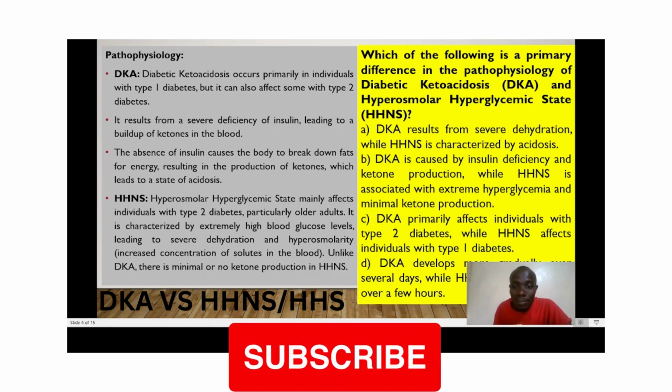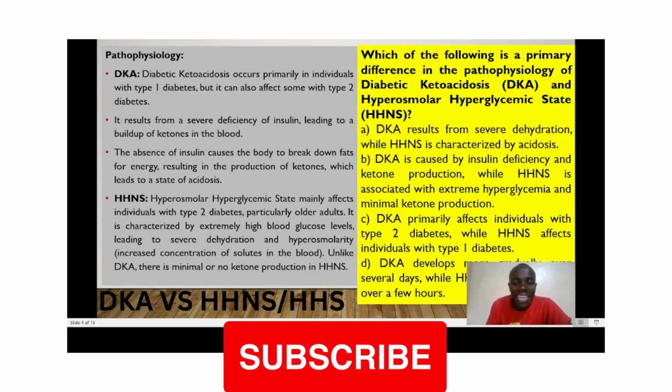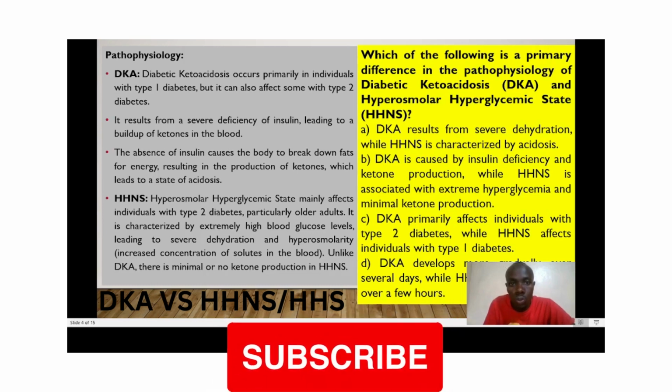although we have already explained it, we can also repeat for emphasis. DKA occurs primarily in individuals with type 1 diabetes, but it can also occur in type 2 diabetes. It results from severe deficiency of insulin, leading to buildup of ketones in the blood.